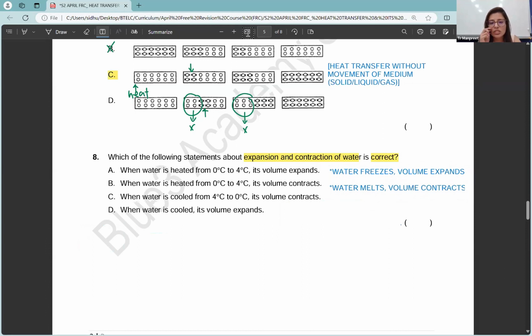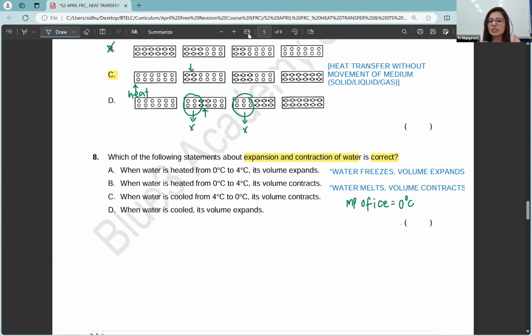Okay, when water is heated from 0 to 4 degrees, its volume expands. Okay, so what do we know first thing first? Melting point of ice is 0 degrees Celsius. Something that will help us in answering the question. Now, when water is heated from 0 to 4, its volume expands.